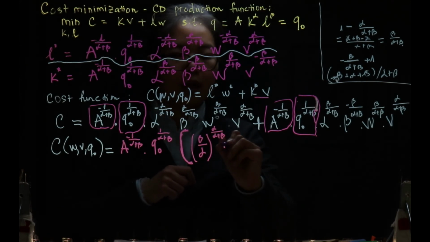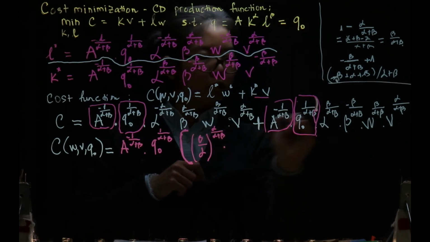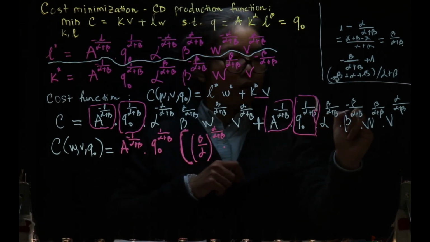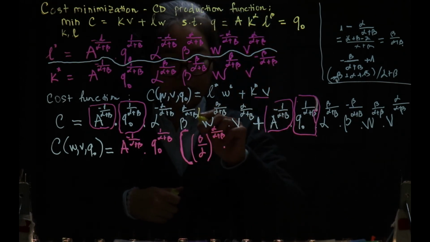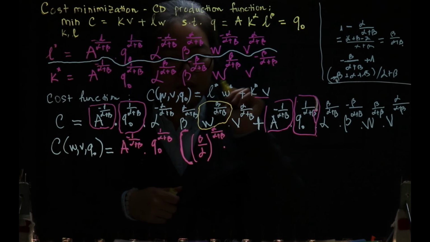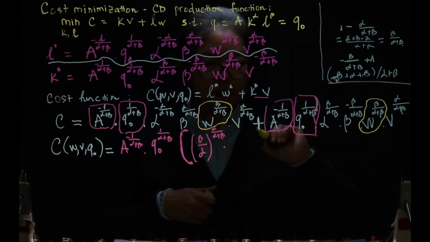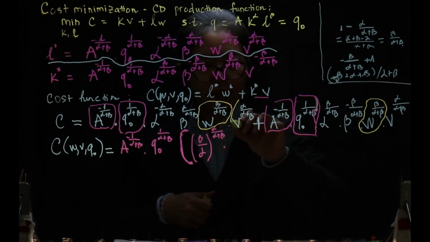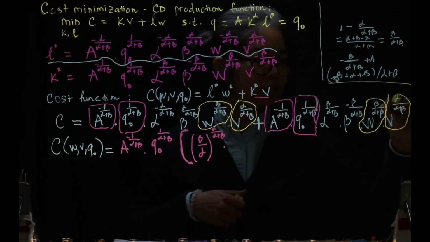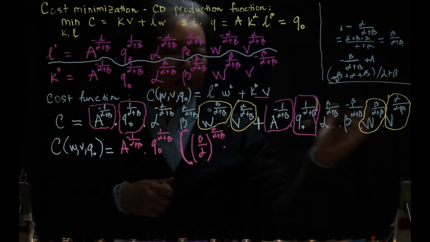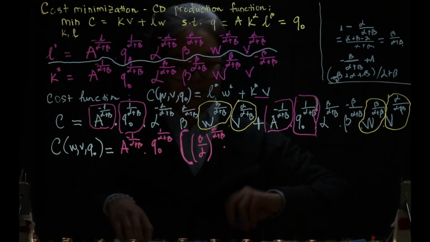Times W, watch out, here you have another similar thing again, right? The W to the power of beta over alpha plus beta, and this V also has the same exponent now. But, okay, because I wrote that here already, we take care of it in a later part, okay?